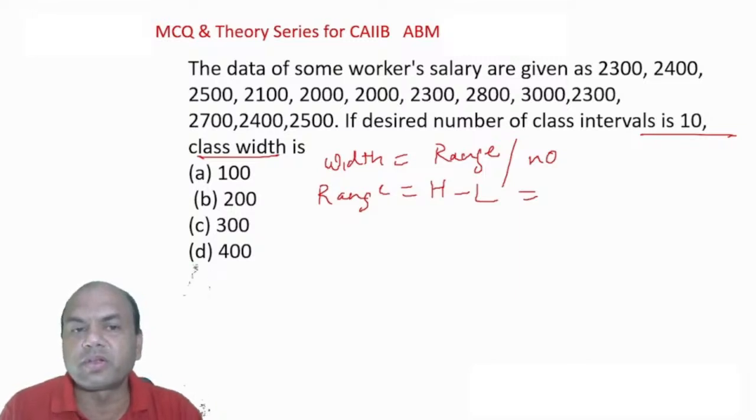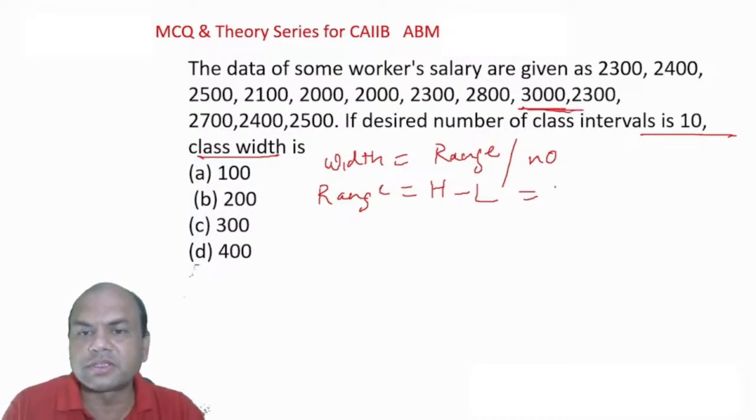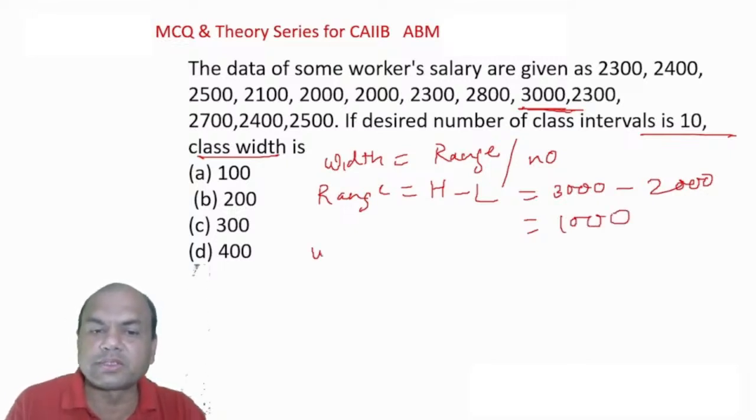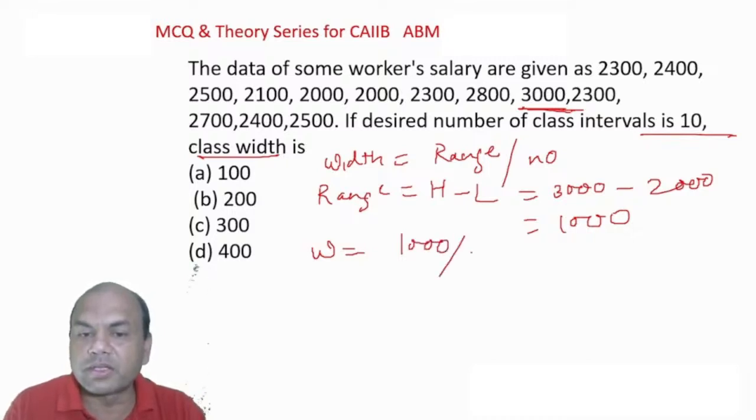This 3000. So 3000 minus the lowest, which is 2000. So it is 1000, right? So what is my width then? Width equals 1000 upon number. What is the number? 10. So my class width will be 100. So this is my answer.